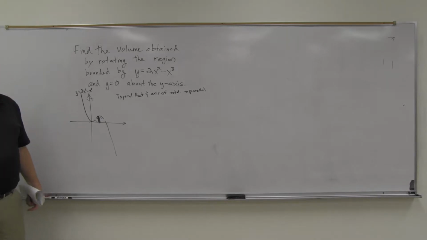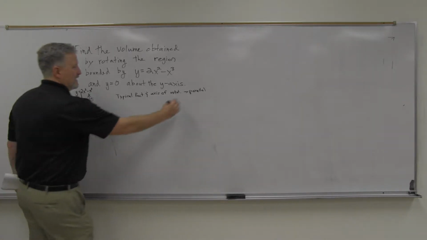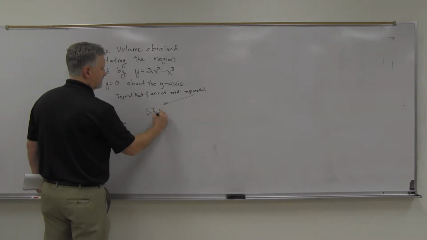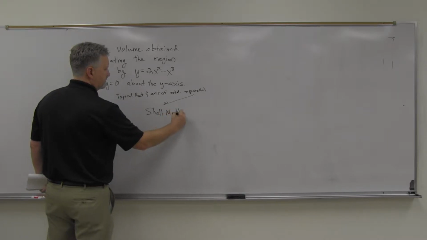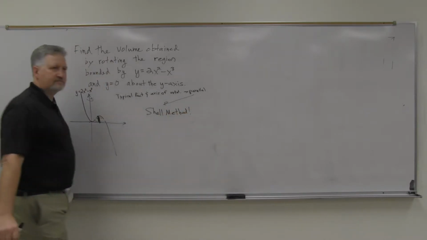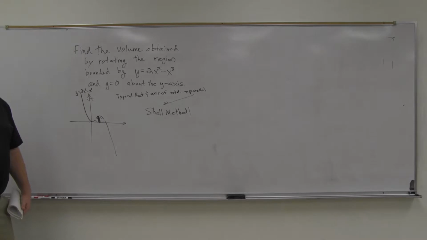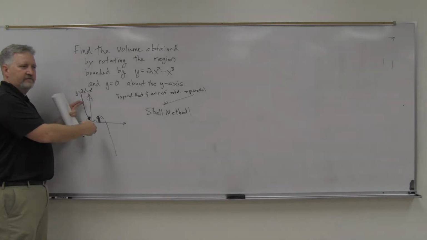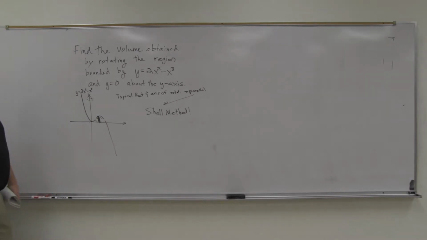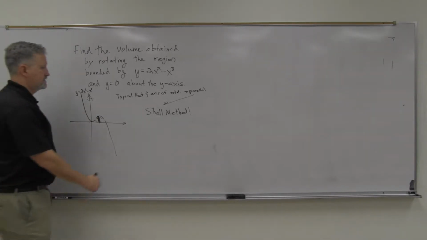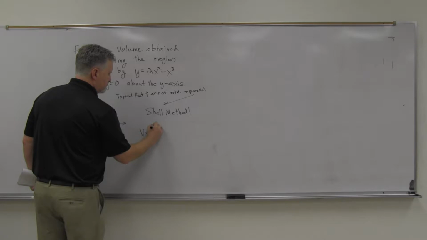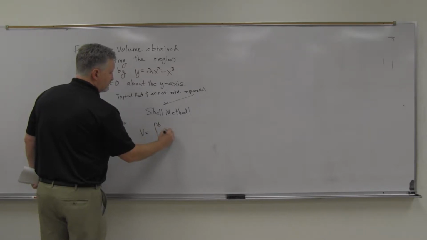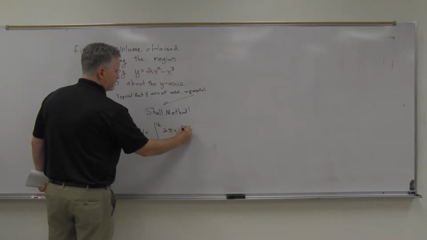Parallel means shell method, right? Yeah, I need to use shell method here. Axis of rotation, typical rectangle, parallel. So shell method, integrating with respect to x. So that's volume equals the integral from a to b of 2 pi x times f of x dx.